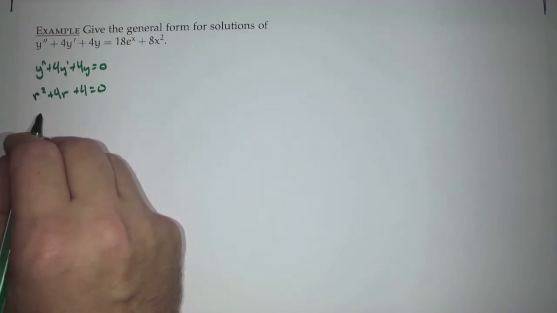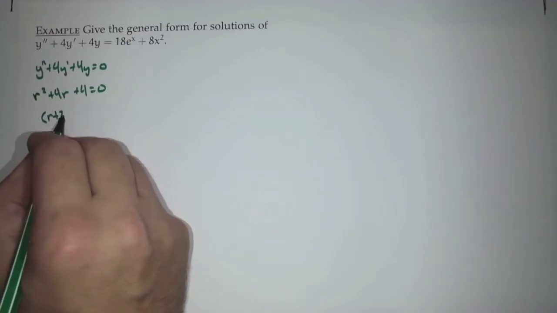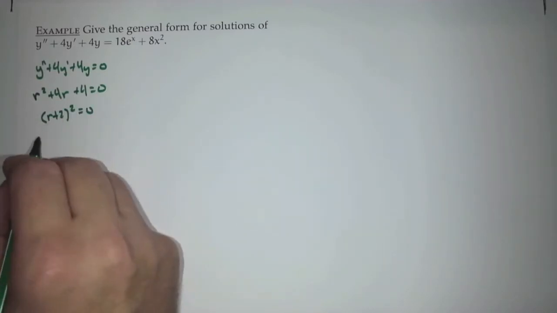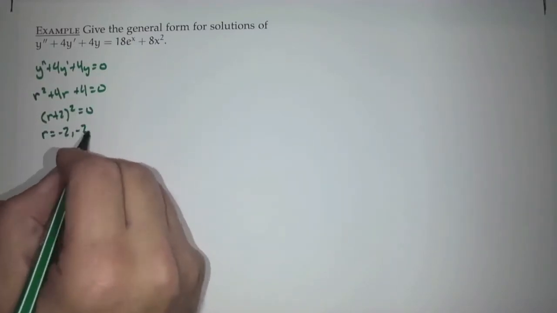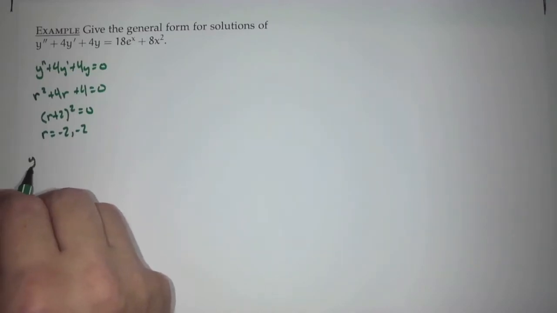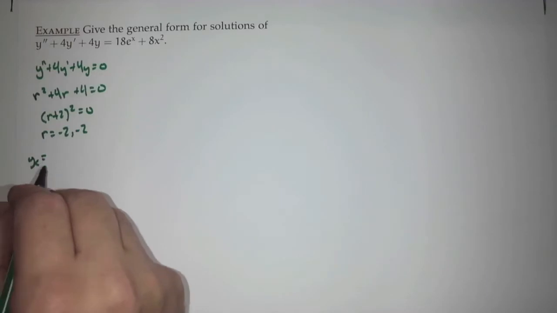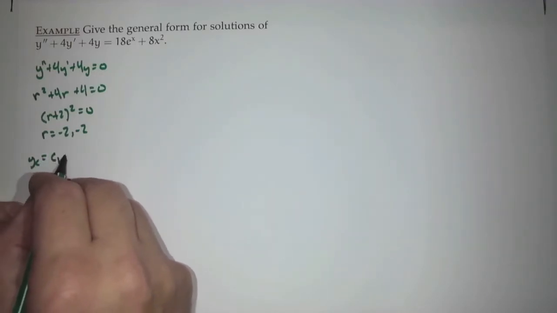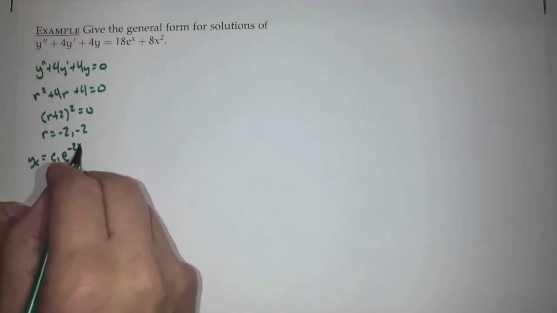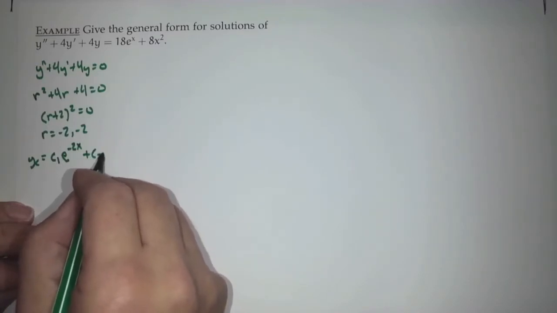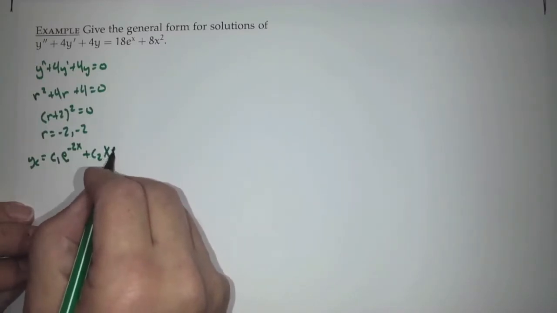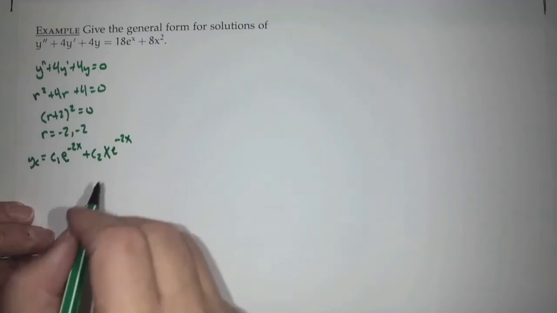What does it factor as? (r plus 2) squared, which means that our roots are -2 and -2. So what does our complementary solution look like? c1 e to the minus 2x and c2 x e to the minus 2x.